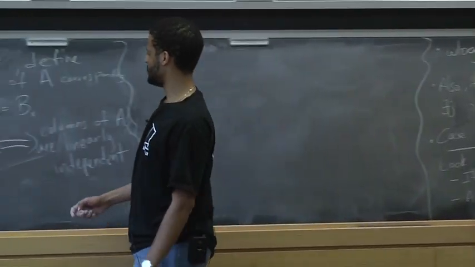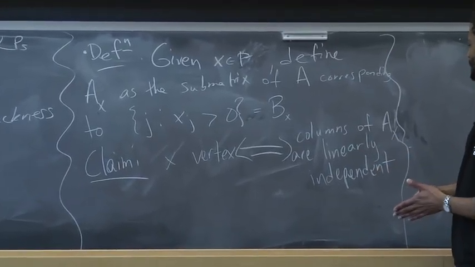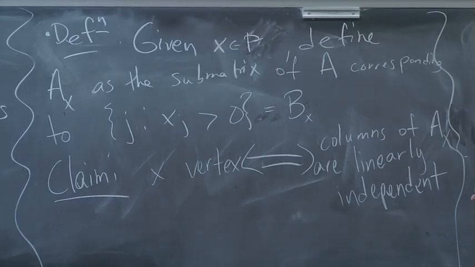And now, for a given vertex, I know that A sub x has linearly dependent columns, and there are at most m of them. If there are strictly less than m, I can then pad them with more columns to make it equal m. I know that the full column rank of A is m. So if this thing has rank less than m, I'll just add more columns to make it equal m. And now I have a square matrix.